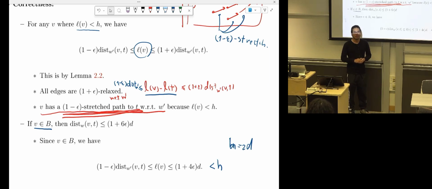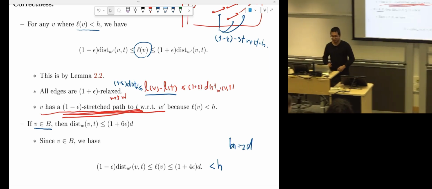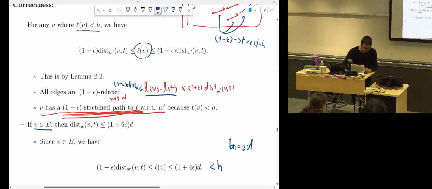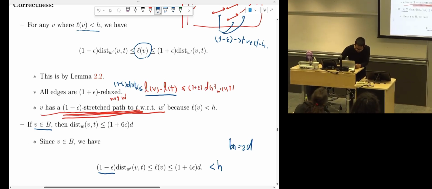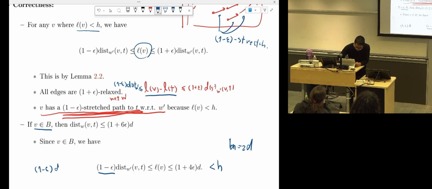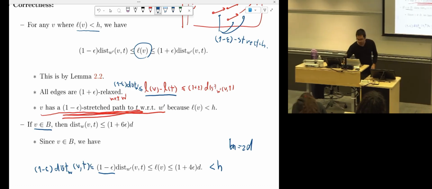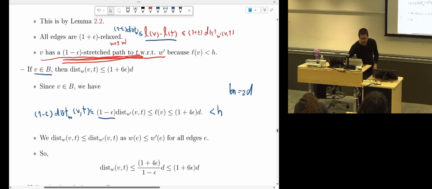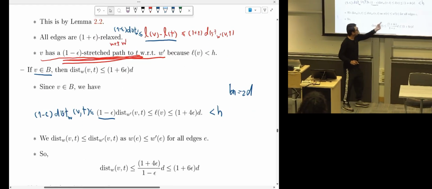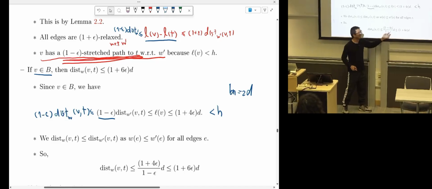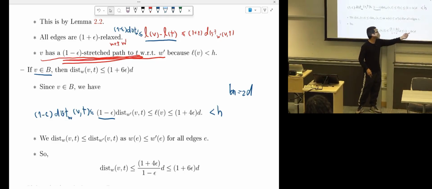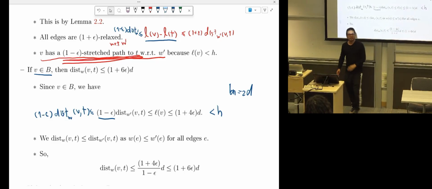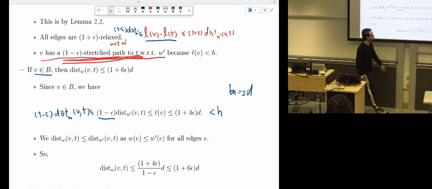But where does the 6 come from then? The 6 just comes from here. So we get that 1 minus epsilon times the distance W is at most this, so it means that the distance with respect to W is at most this much over this one. So now I just make it 6 instead. It just comes from this thing.